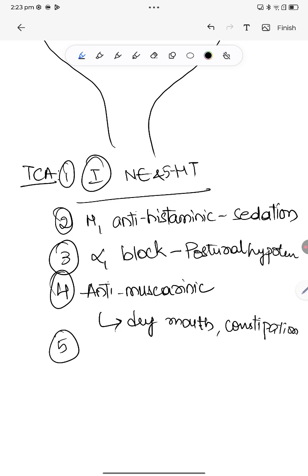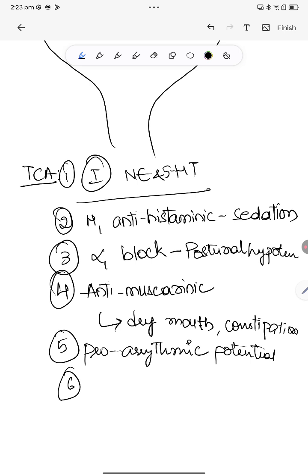These drugs also have pro-arrhythmic potential, mainly because of their action on potassium channels. One more major problem with them is that all TCAs have a tendency to precipitate seizures.